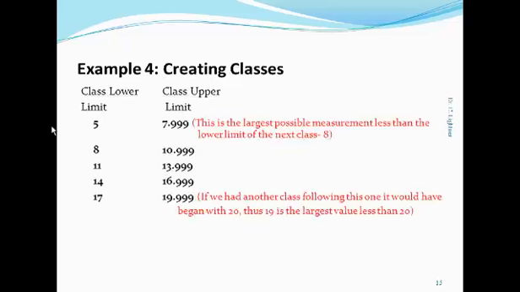In order to do this, I set my upper limit for my first class as 7.999. I set this upper limit because I know that there is no way that a value in my data set could fall between 7.999 and 8, the lower limit for the next class. I can add my class width onto the upper limit of the first class in order to get my upper limits for the remaining classes.